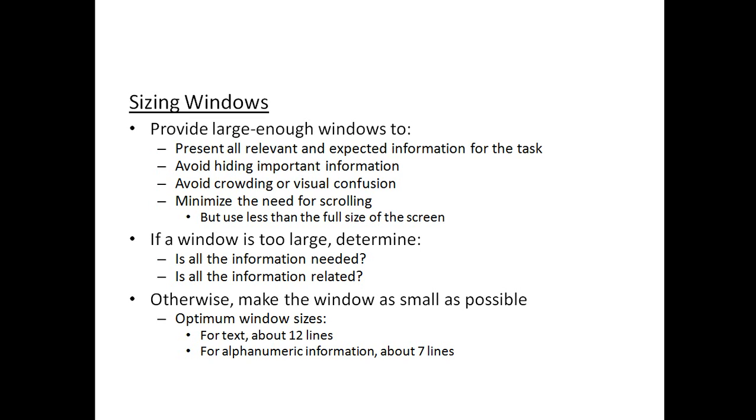If it contains alphanumeric information, the window should have 7 lines. In this scenario, we are interested in providing large space so that we can present the relevant and expected information that is needed for the task.